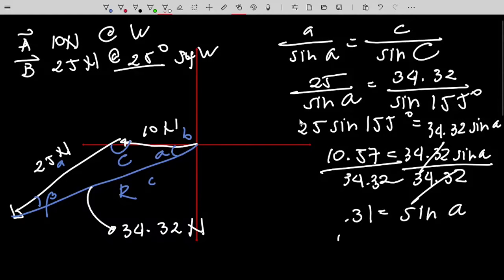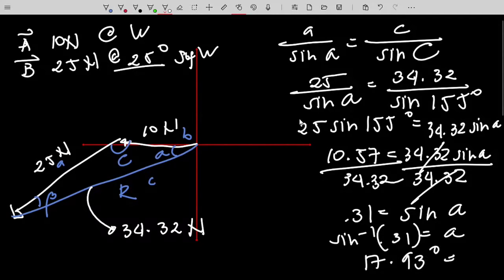Transpose your sine, so sine inverse of 0.31 is equal to angle alpha. Now sine inverse of 0.31, then you should have the value of 17.93 degrees, which is equal to angle alpha. So the angle of our resultant vector has a value of 17.93 degrees. Now at what direction?